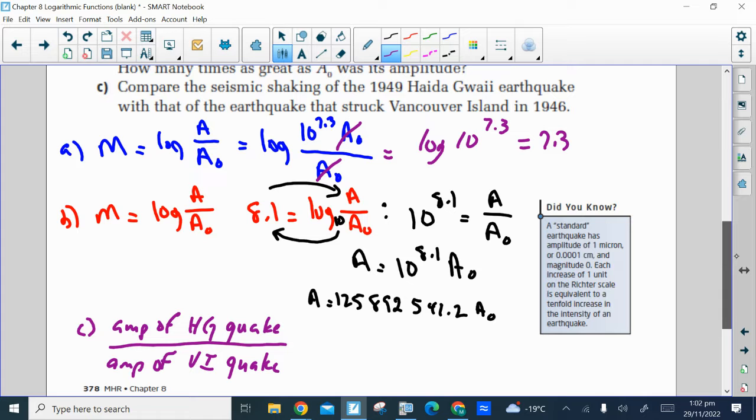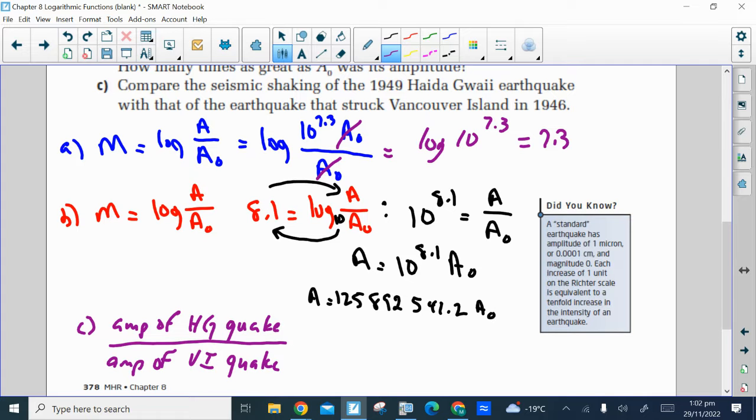Now, if we look back at this last part that we did, part B, let me just circle the part that we're looking at. We're comparing these two amplitudes of these two earthquakes. We're dividing the one amplitude by the other. We saw in part B that we did some math to get A by itself.